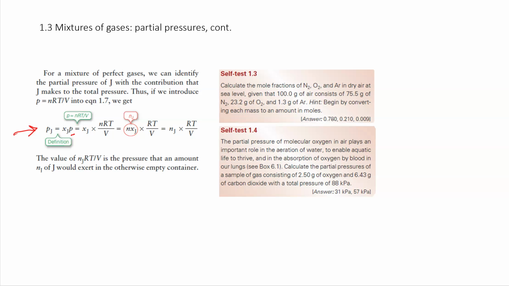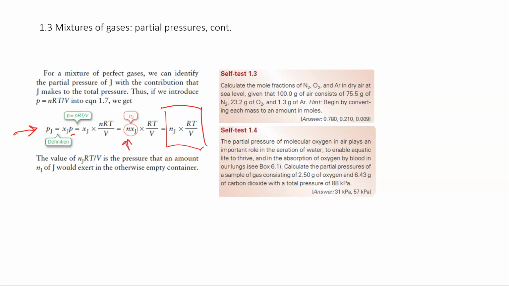here, we get the mole fraction of component J times nRT over V. We can pull n sub J out of the relationship and over like this, and then just rearrange it so it looks like this.